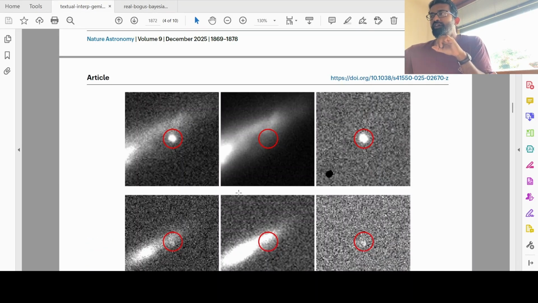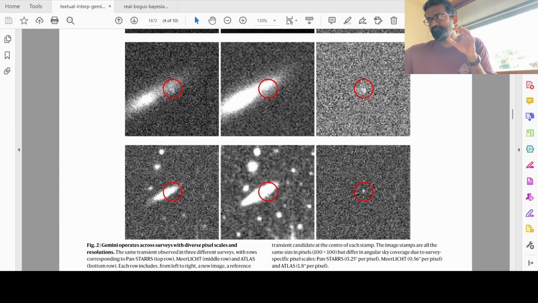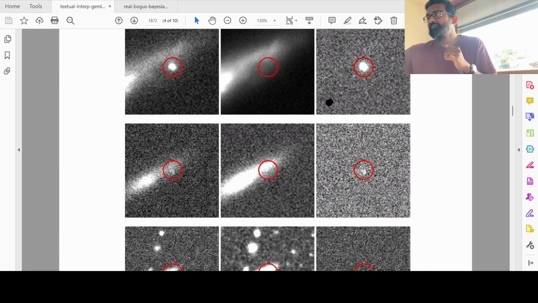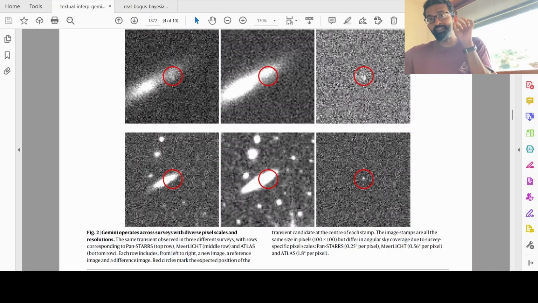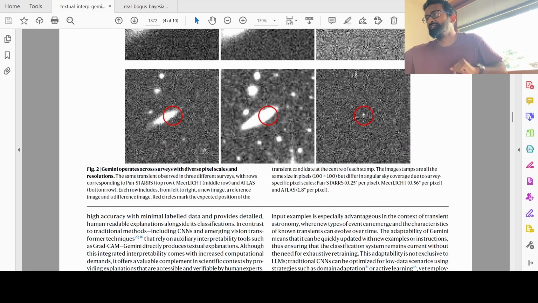And you see, we have the current image, the science image, we have the template image by different telescopes, and then we take the corresponding difference images. And we see that the sizes appear different, and that's just because of the resolution of the telescopes. But they're pointing towards the same transient.